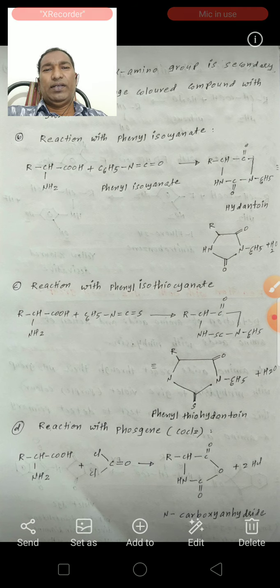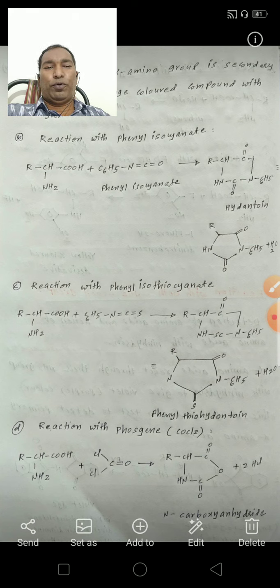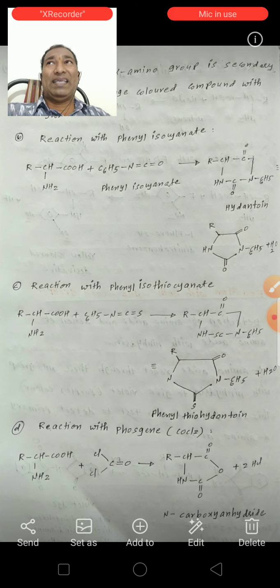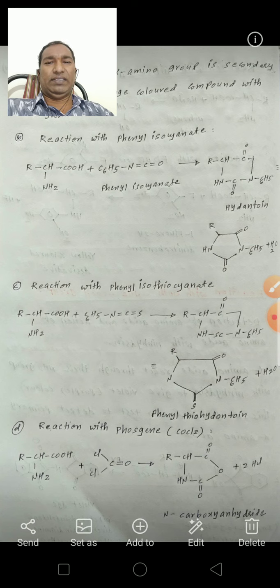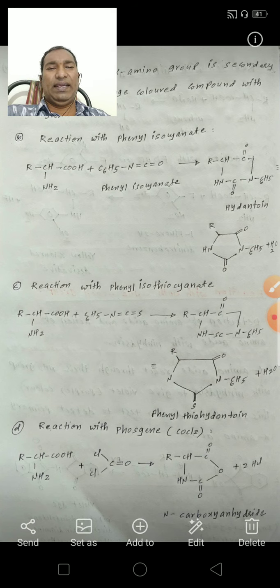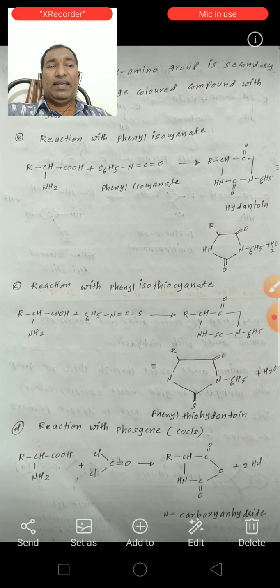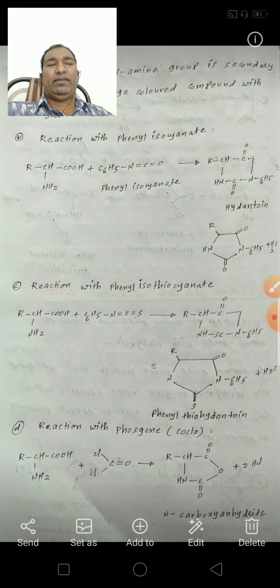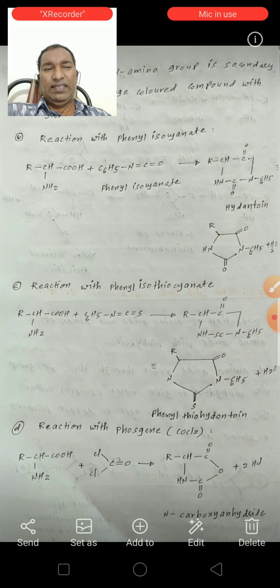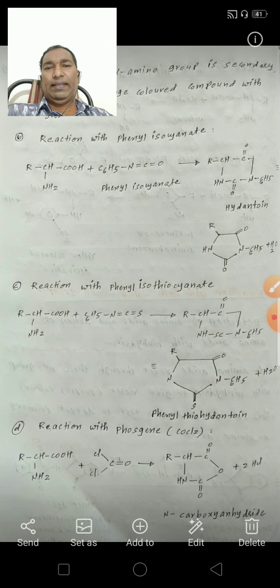Proline is a secondary amine containing amino acid, so it gives an orange color when it reacts with the ninhydrin.